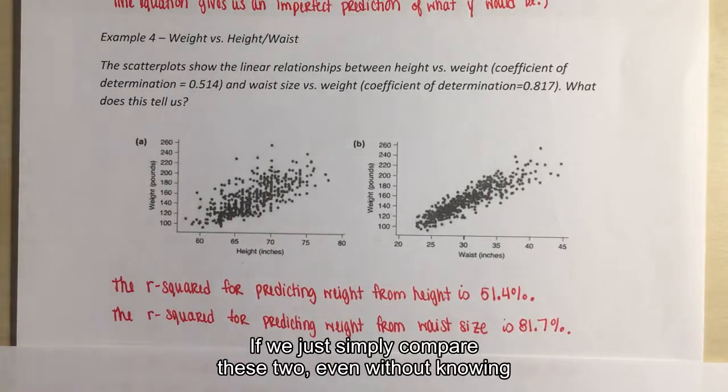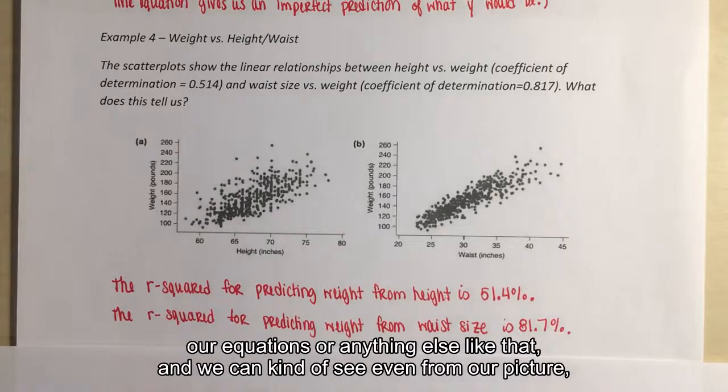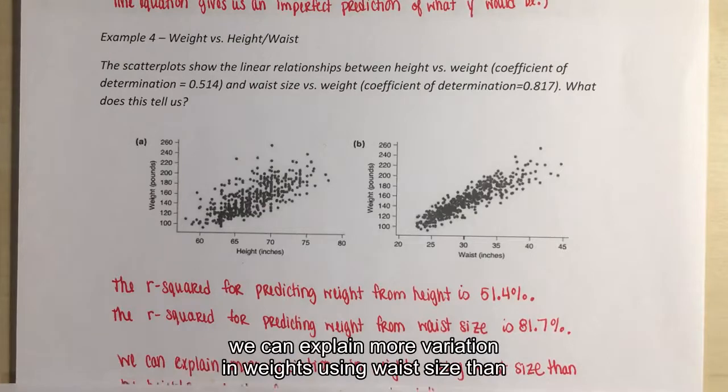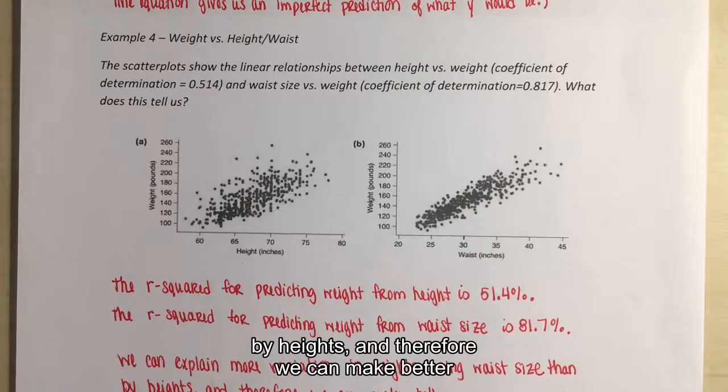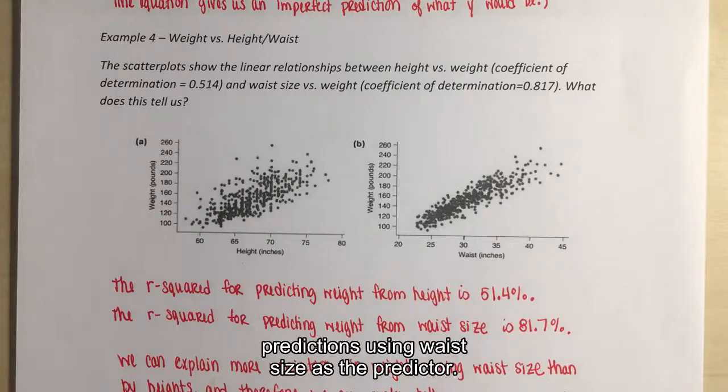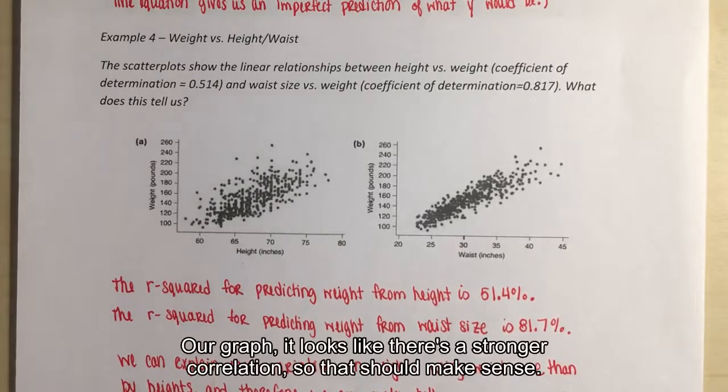If we simply compare these two, even without knowing our equations or anything else, and we can see this from our picture, we can explain more variation in weights using waist size than by heights, and therefore we can make better predictions using waist size as the predictor. And in our graph, it looks like there's a stronger correlation, so that should make sense.